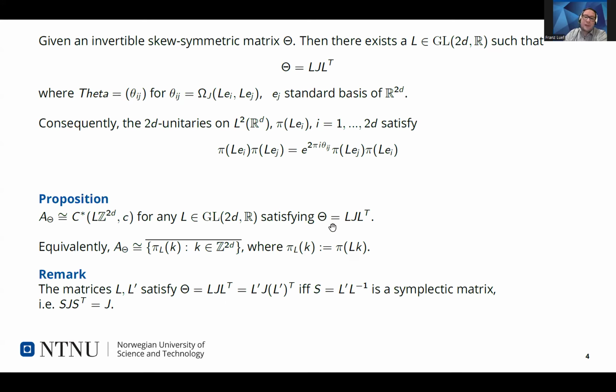And so there is this little ambiguity that there is not a unique choice of L that you can use for writing this theta.